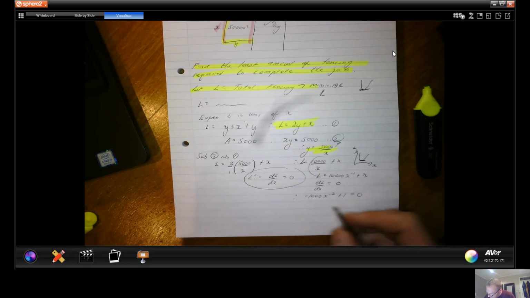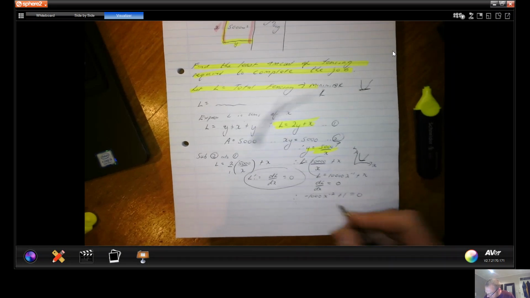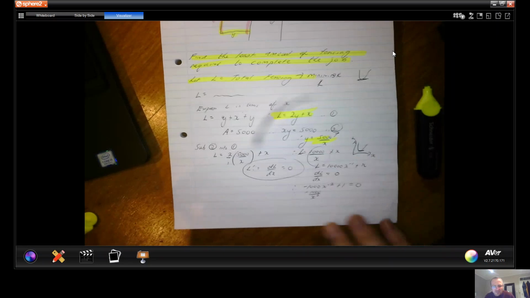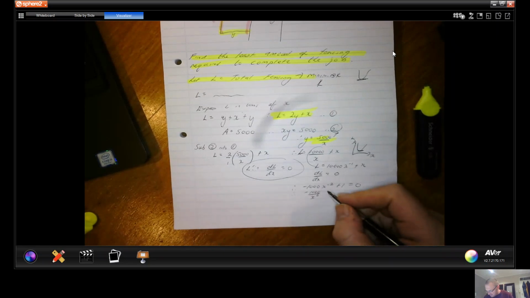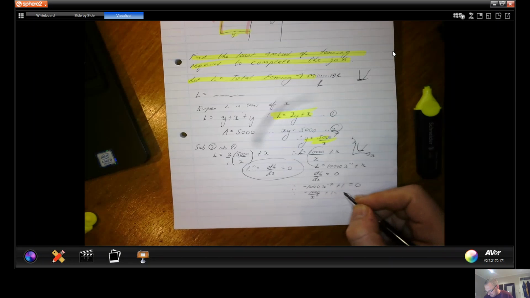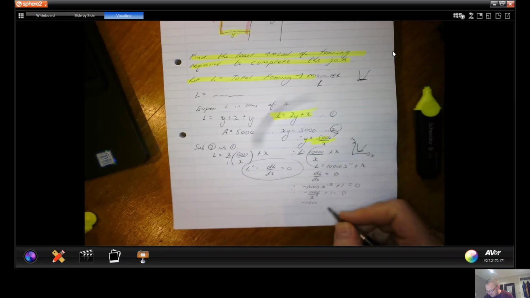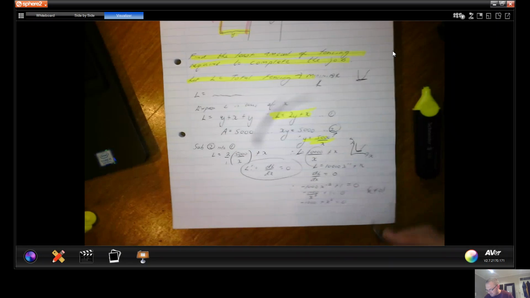So in other words, if I'm going to solve this, let's make our life easier. I'm going to have minus 10,000 over x squared, plus 1 is equal to 0. So times by x squared, I get minus 10,000 plus x squared. I times both sides by x squared, as long as I write x can't be 0, which we know.